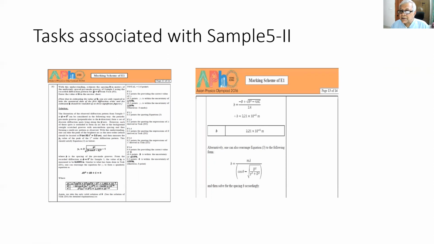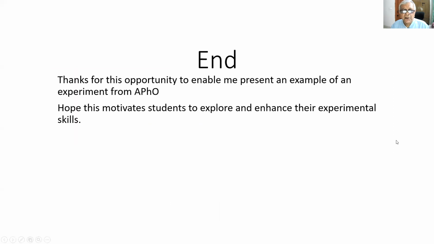Well, that is about it, and thank you very much for this opportunity to present an example of an experiment from APhO. Hope this motivates students to explore and enhance their experimental skills. Thank you very much again.